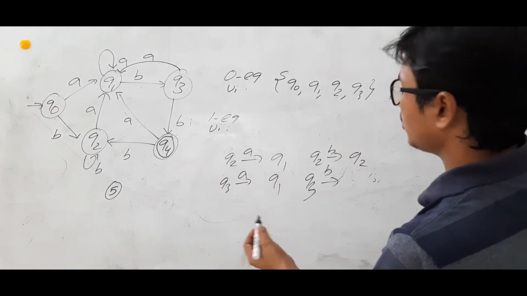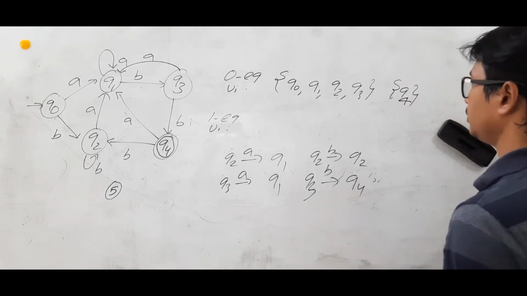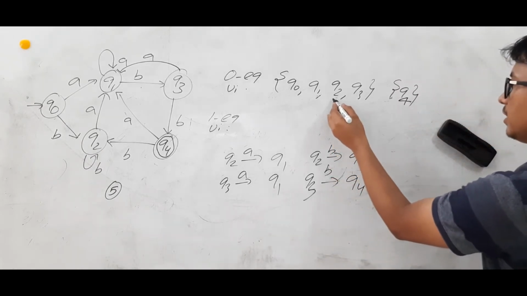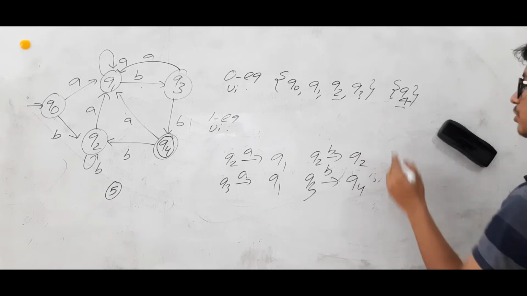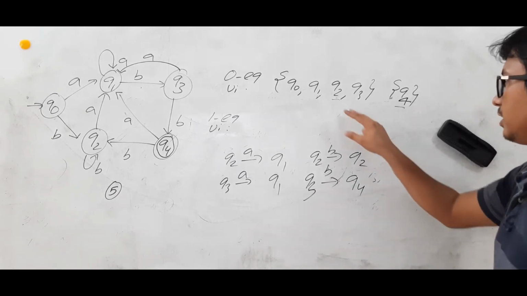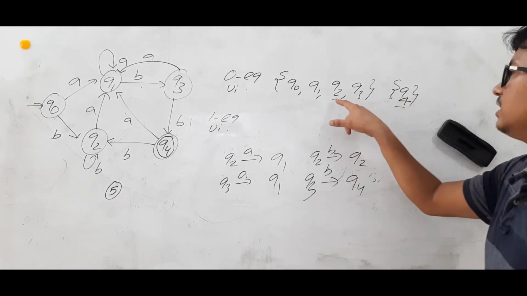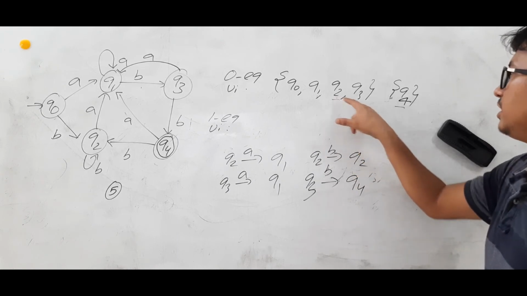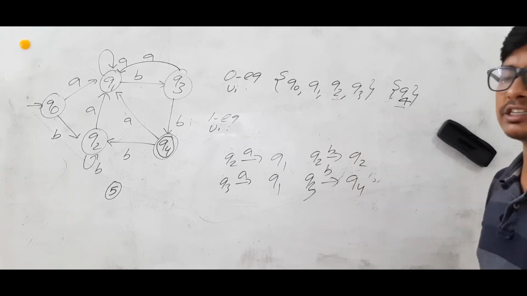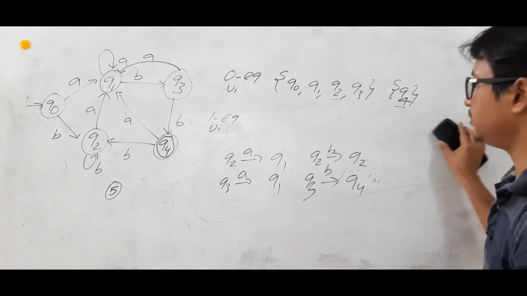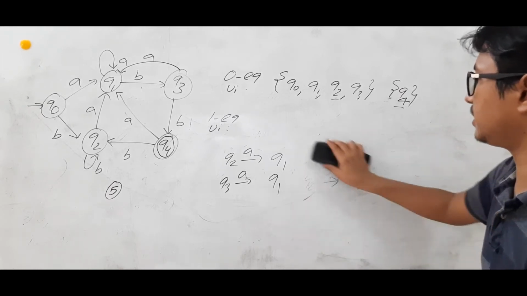Q3 on B is going to Q4. If on B it is going to Q2 and to Q4, they are separate. They are separate states: one is going to a non-final state and the other to a final state. So they are enemies, and we have to separate them.